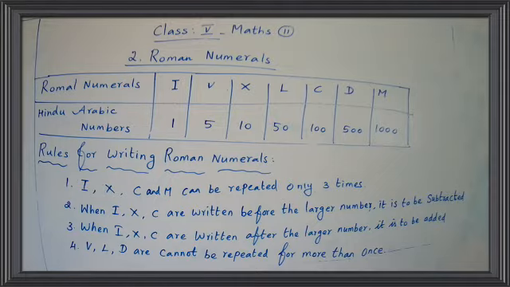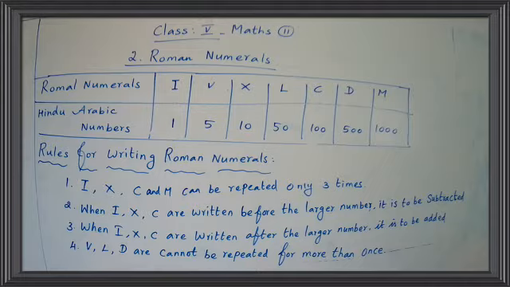After that, you draw the table. Okay. So use the scale and pencil when drawing the line. Do not draw the line without a scale. Okay. Write it. Then after, you write the rules for writing Roman numerals.